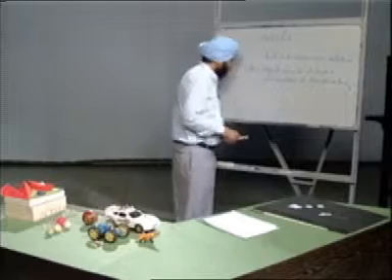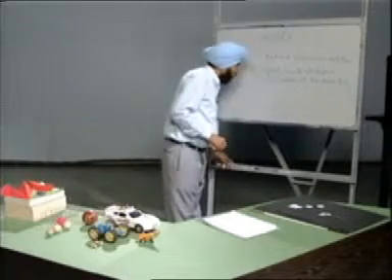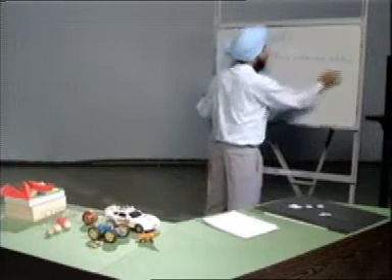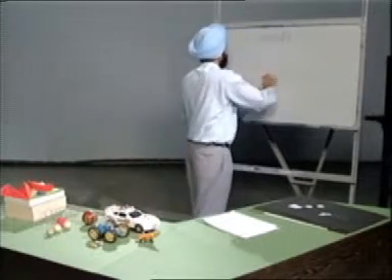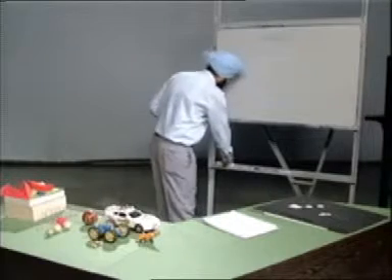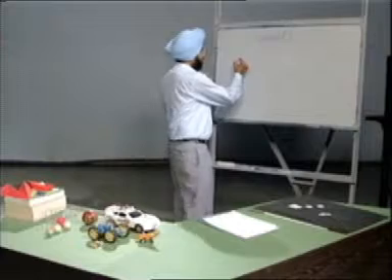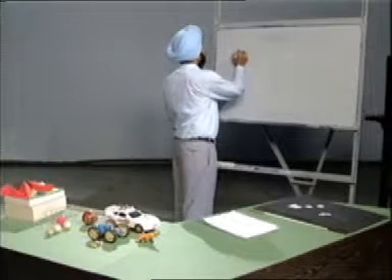Now, when we are talking about motion, motion can be in a straight line, motion can be on a plane, motion can be in space. So, we have three kinds of motion.